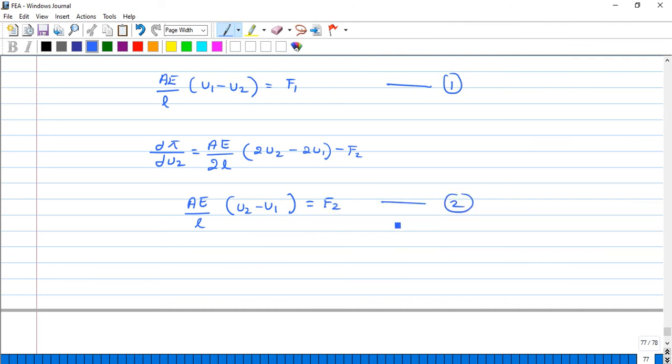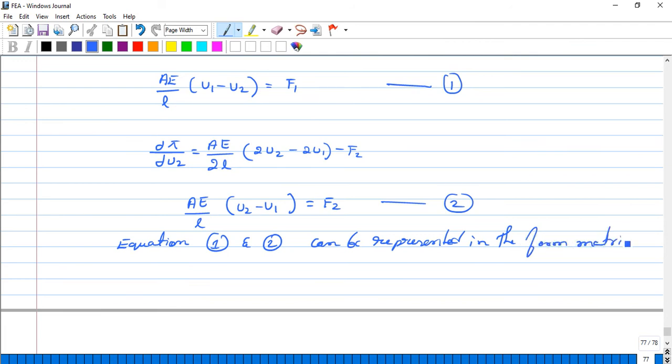And if I consider equations 1 and 2, they can be represented in the form of a matrix. I will be considering these two equations.